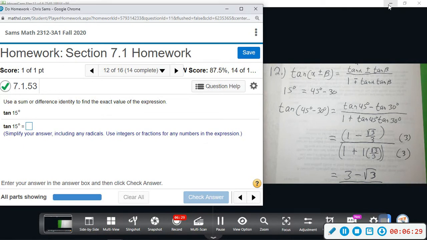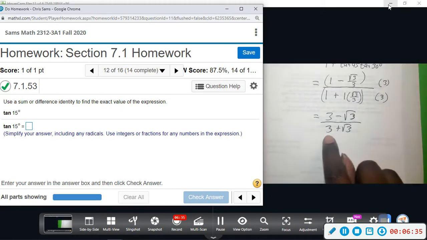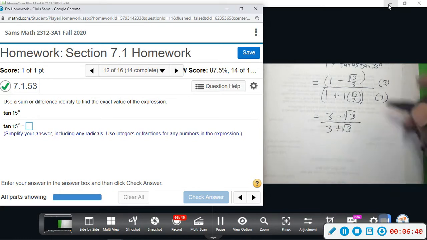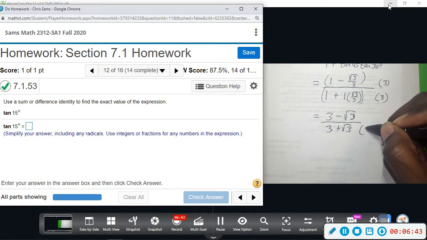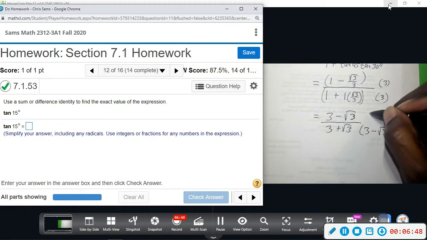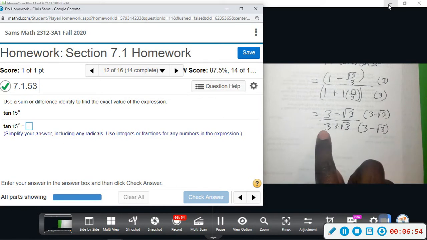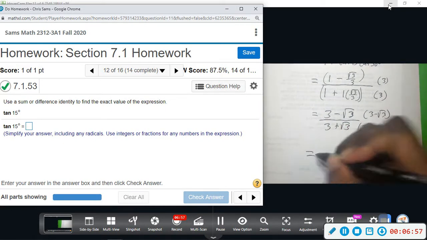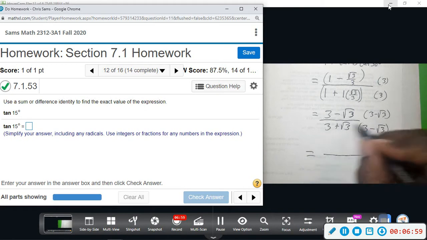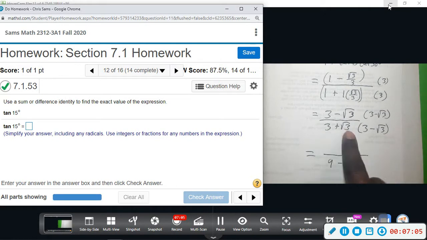Now I do believe that you would want to rationalize the denominator. To do that, we would multiply by 3 minus square root of 3 on top and bottom. The sum and difference formula will apply here: square this, square that, and subtract. So I'm going to do the shortcut. On the bottom we get 9 minus 3. That's a plus b, a minus b, the difference of squares formula. And then we actually FOIL out the top.